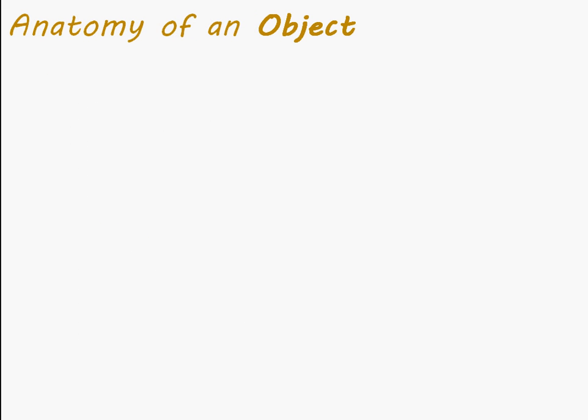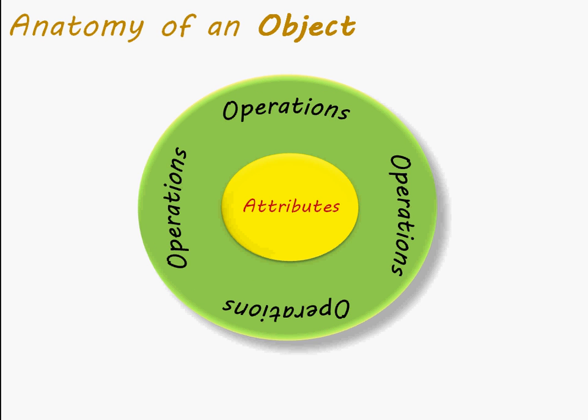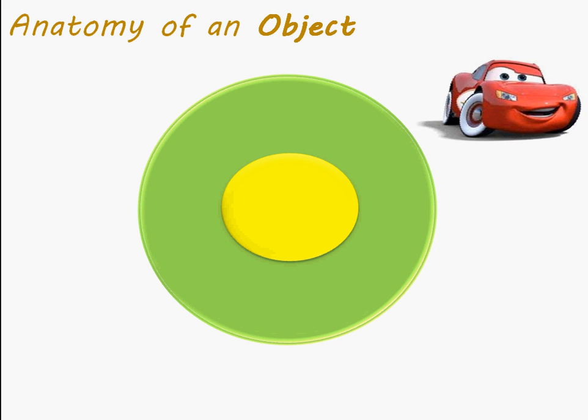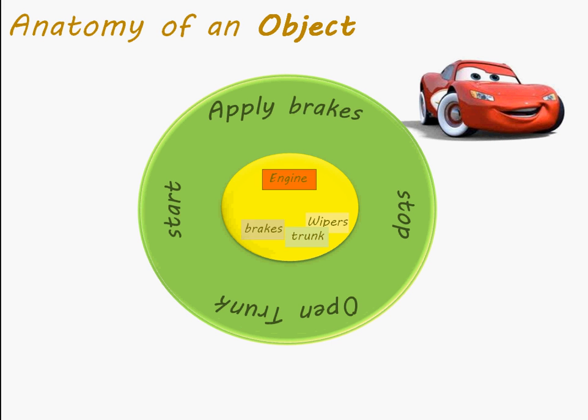So, if we look at a high level, an object has some attributes and certain operations that we can perform on those attributes. To better illustrate, consider the same example, car. It has some attributes and some operations. The attributes are like engine, brakes, trunk, wipers, etc. And the operations as listed here: apply brakes, start, stop, open trunk, and any other operations.